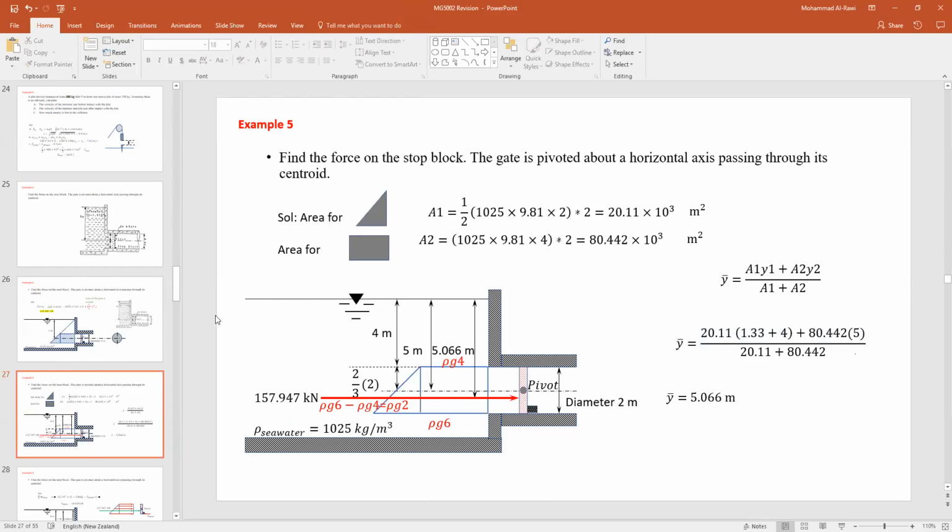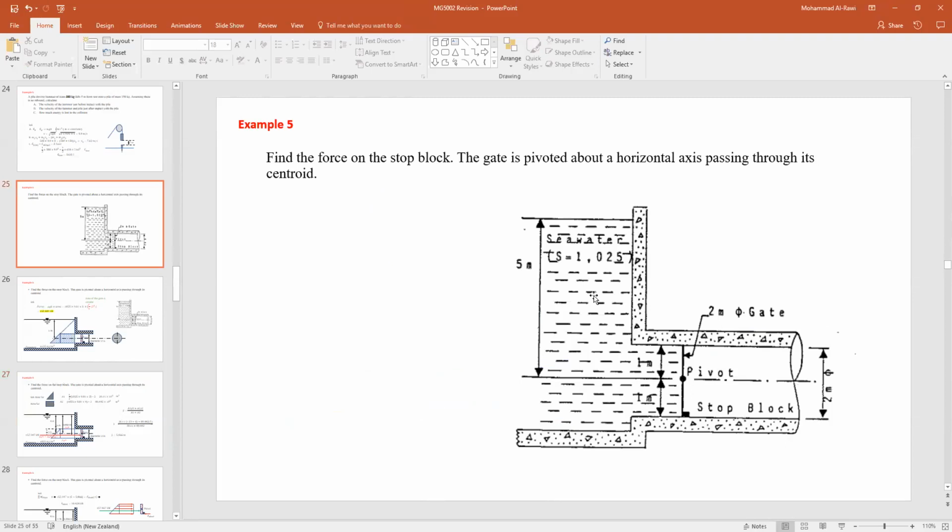So can you say again how to get the rho g4 and rho g6? So the pressure at this point is rho g4, and the pressure at this one is rho g6. So it depends on the elevation. From here till there is 5 minus 1. And from here to there, it's 5 meters plus 1. And that will give you the rho g6 and rho g4.